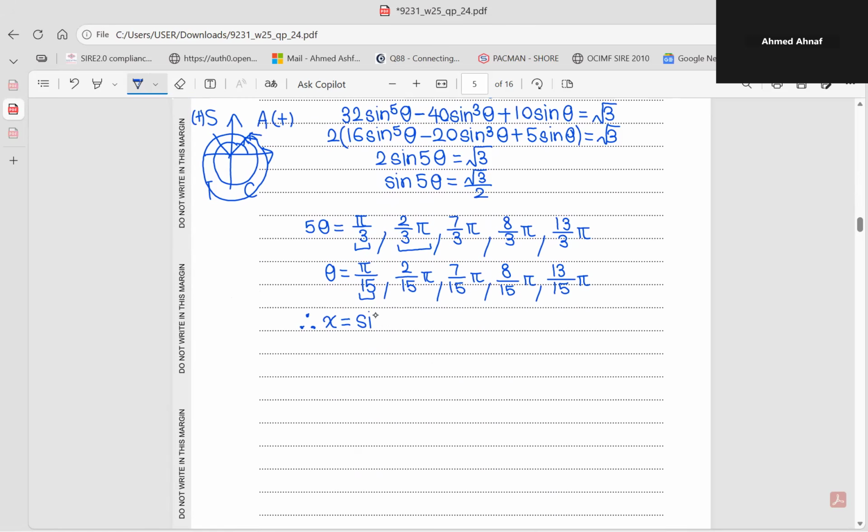So x1 is sine pi over 15, x2 is sine 2 over 15 pi, x3 is sine 7 over 15 pi, x4 is sine 8 over 15 pi, and finally the last value x5 is sine 13 over 15 pi.